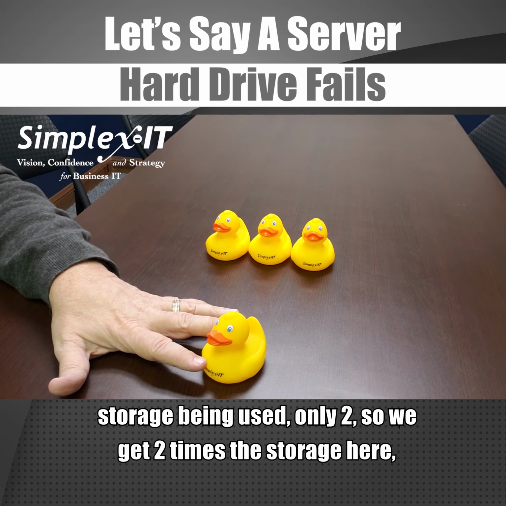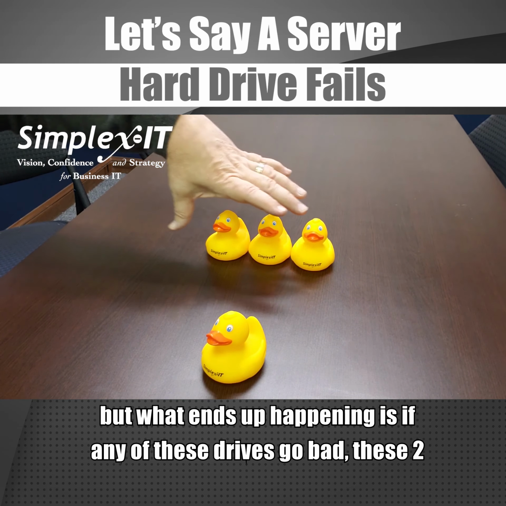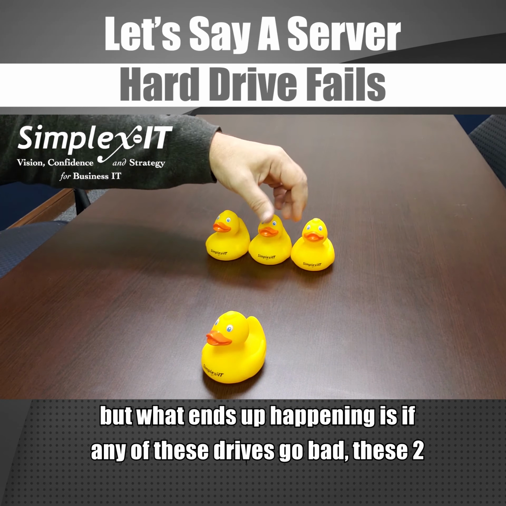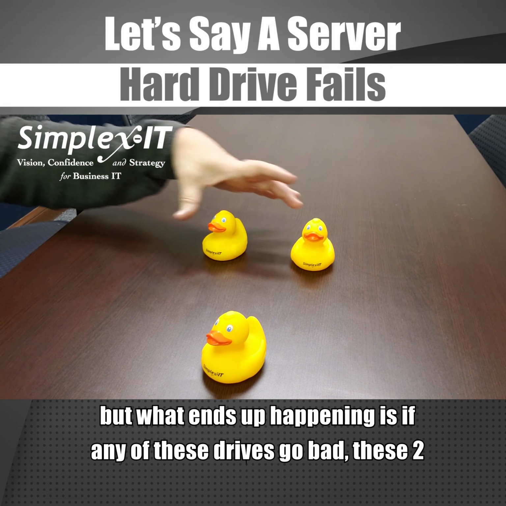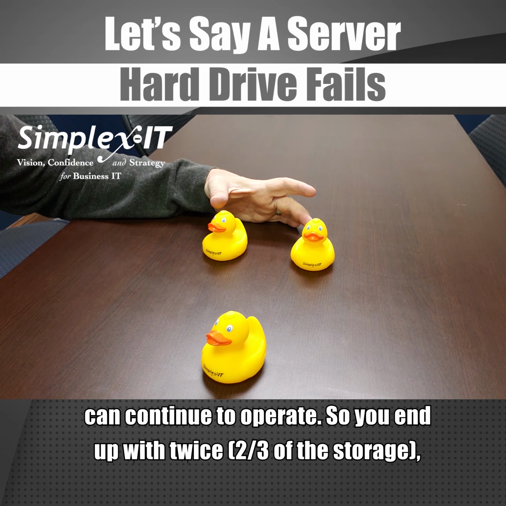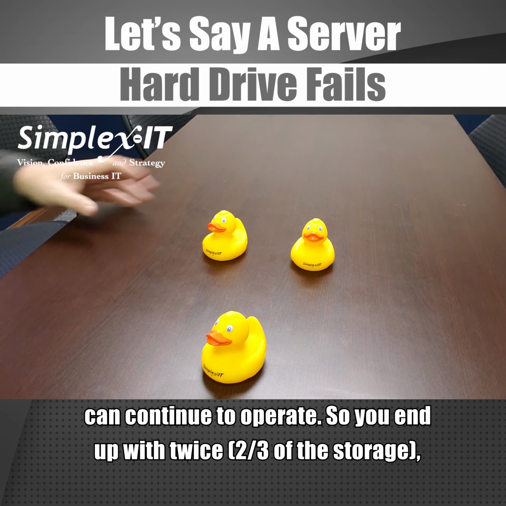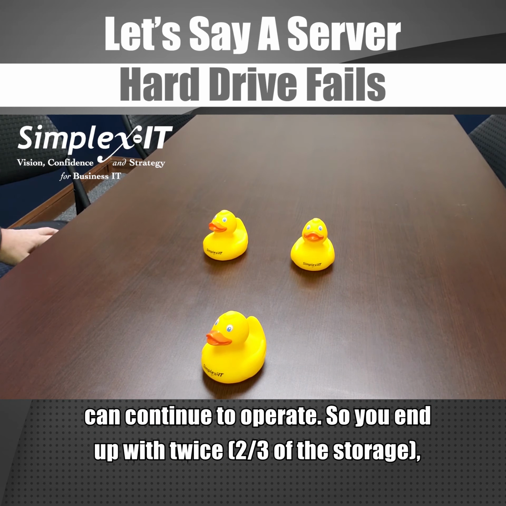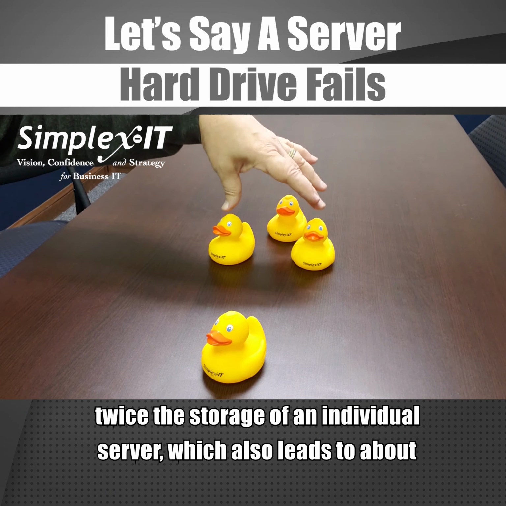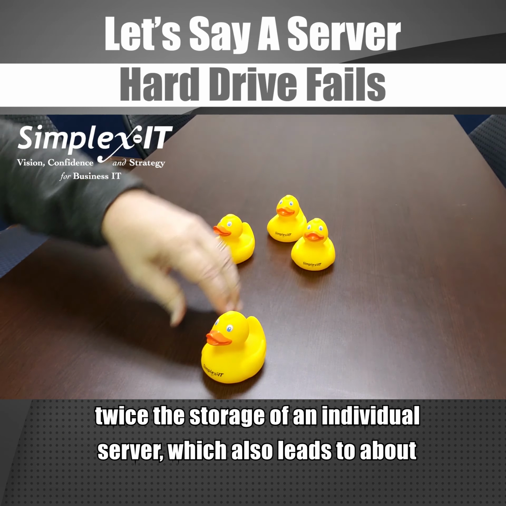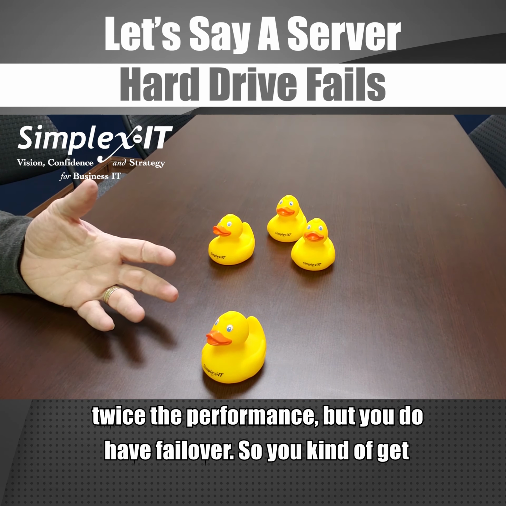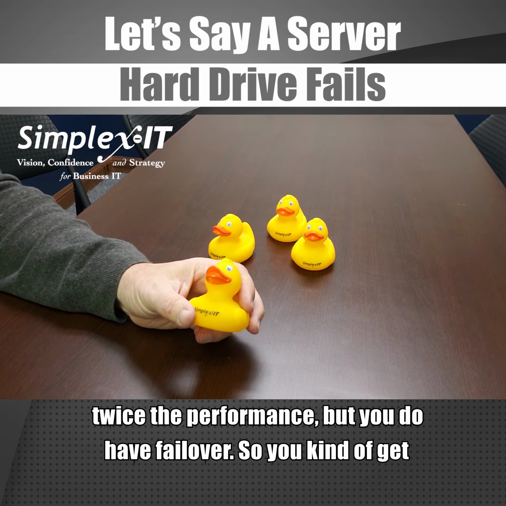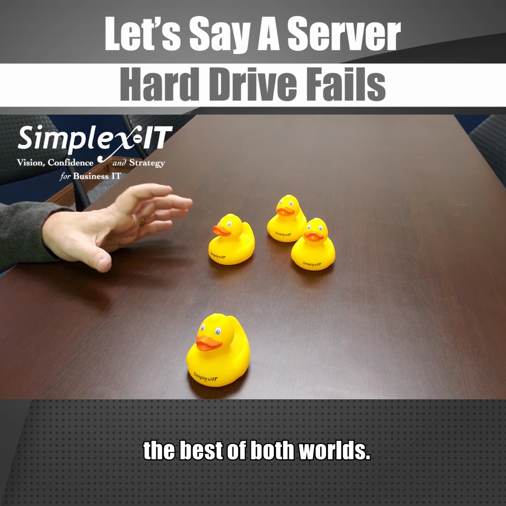So we get 2 times the storage here. But what ends up happening is if any of these drives go bad, the other 2 can continue to operate. So you end up with 2/3 of the storage, twice the storage of an individual drive, which also leads to about twice the performance, but you do have failover. So you kind of get the best of both worlds.